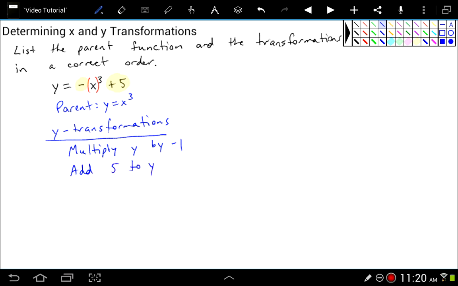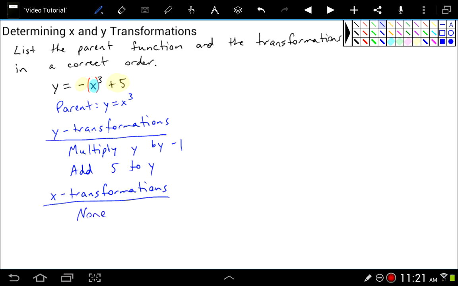The x transformations are the arithmetic that I would use to solve for x inside my parent function, which is x cubed. Well, x is already by itself. There is no arithmetic inside the parent function of x cubed, so there are no x transformations.